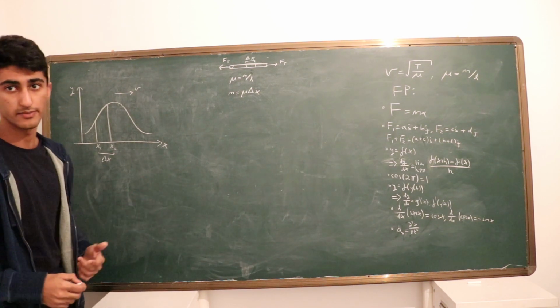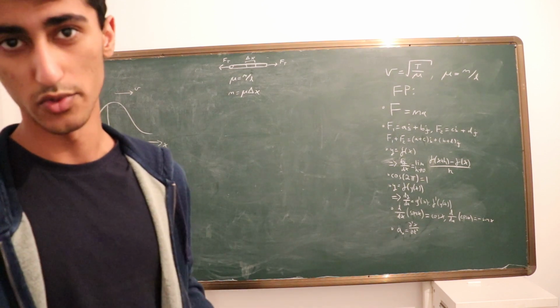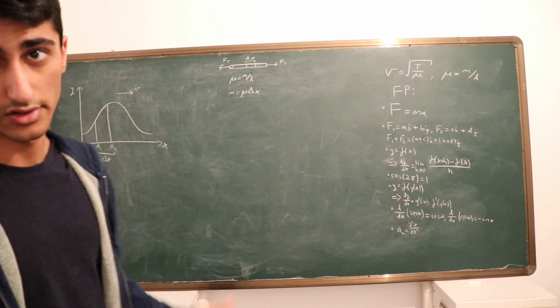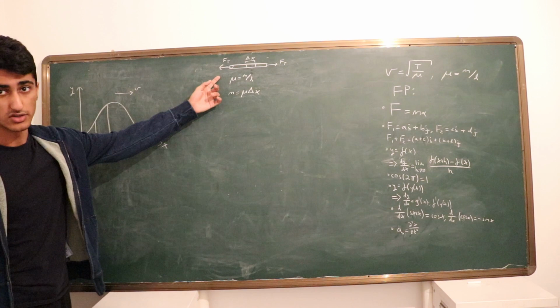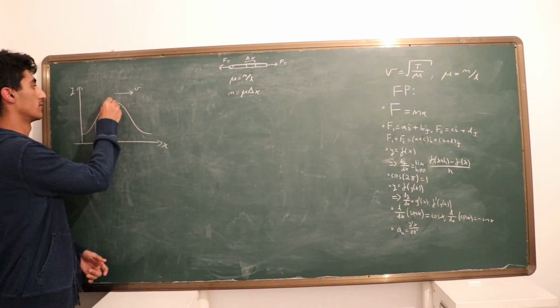Since it's a small piece of string, we don't want a progressive wave. Particles only really move up and down. They don't move left and right. So that means the resultant force in the x direction is 0, because it's not moving in the x direction. But we know there's a force of tension as well, so you can say the tension's still there, but it's still equal and opposite.